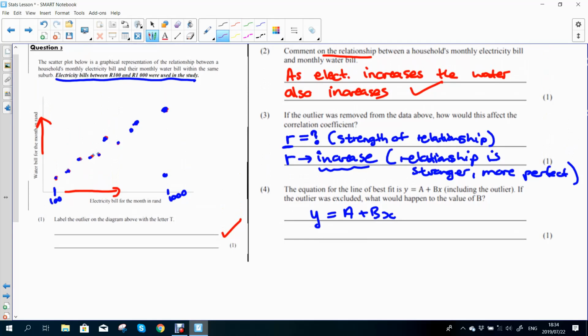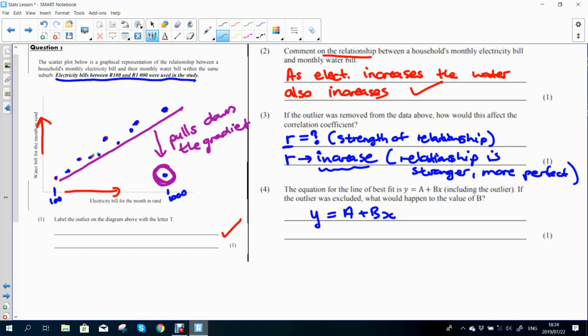Now remember, if these coordinates are in play, it means that it will pull the line down slightly. Okay, this point will pull down the gradient. It pulls down the gradient of my line of best fit.